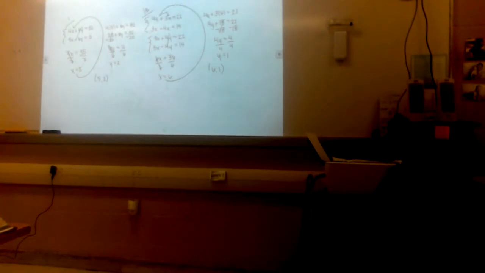It says write and solve a system of equations. The words are going to tell you how to set up your system. You have negative 3 times a number. Does it tell you what number? No, so that's your variable.